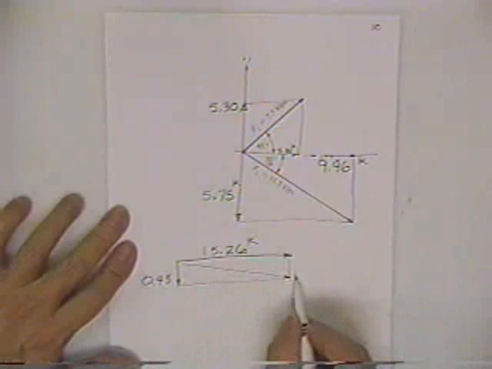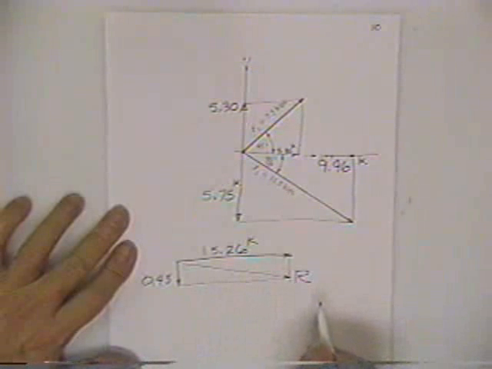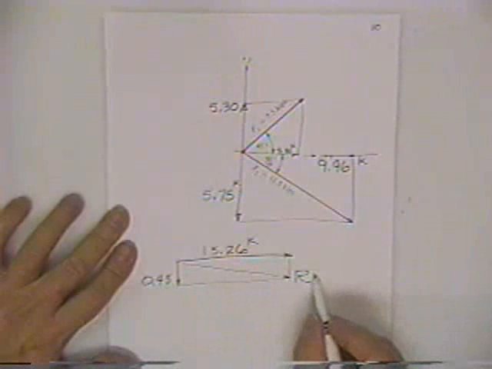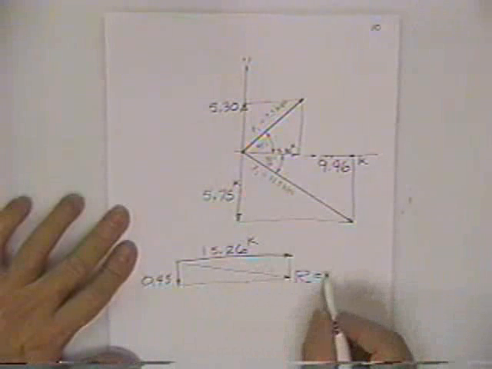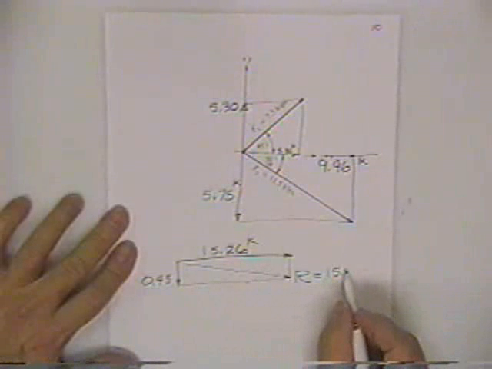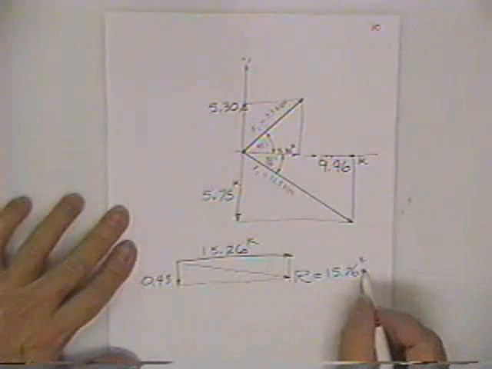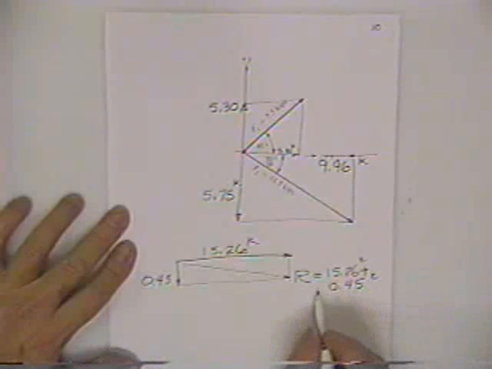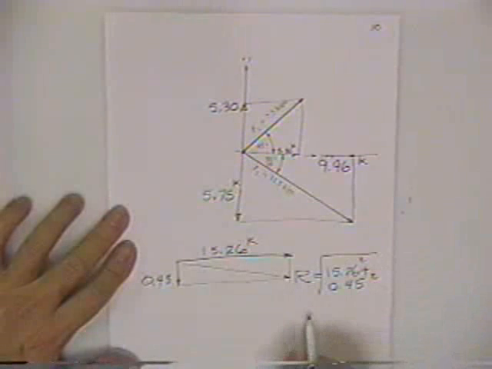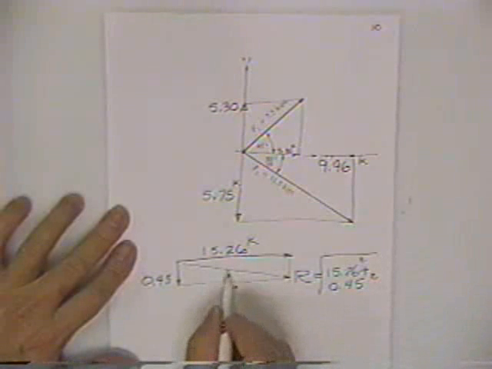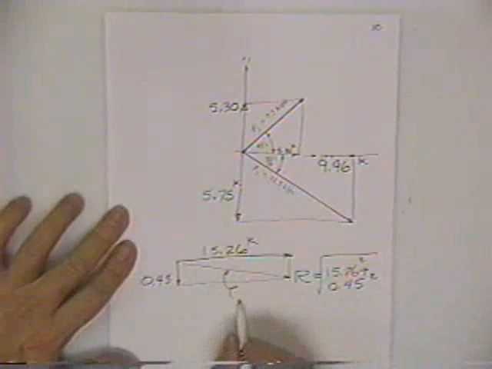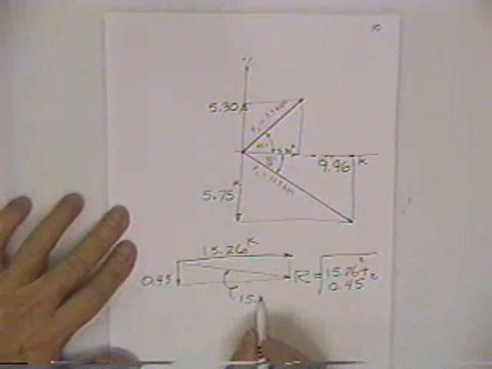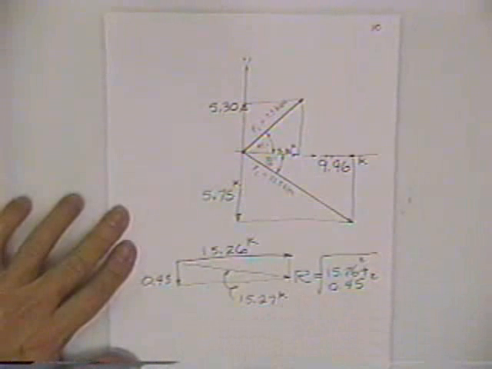That force is probably given the name something like R. You could find R by squaring the two sides: 15.26 squared plus 0.45 squared. Take a square root of the sum. The magnitude of this force would be 15.27 kips.